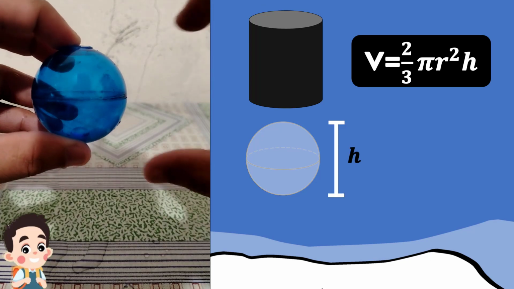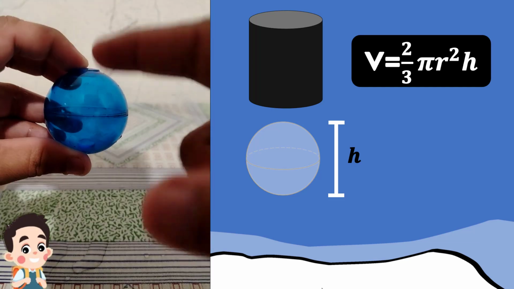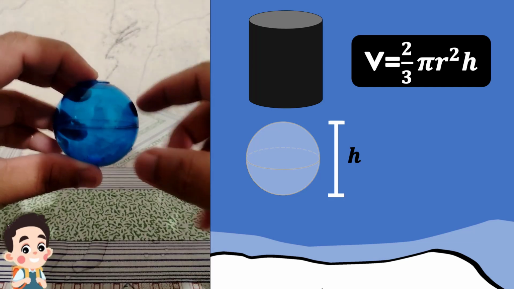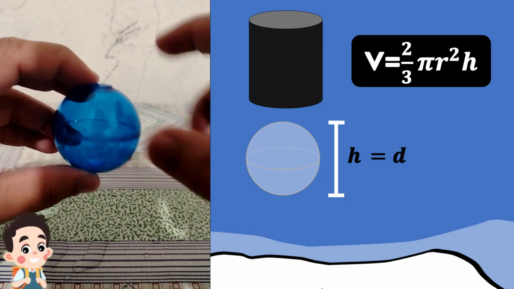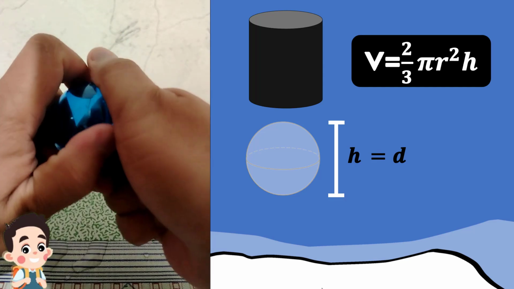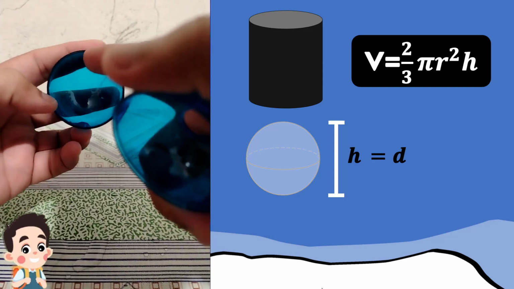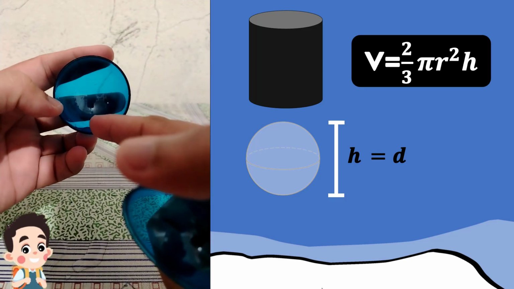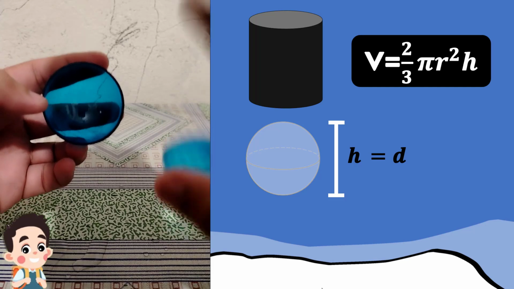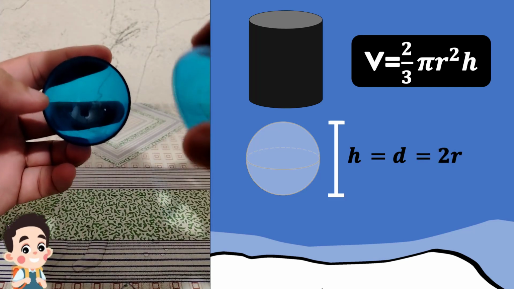The height here means the distance from one point to the other point which passes through the center. Earlier, we established that that is just the same as the diameter of the circle. The diameter of the circle is actually our height. And what is the diameter in terms of radius? We know that the diameter is just twice the radius.